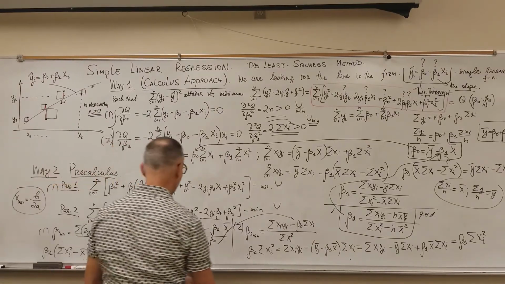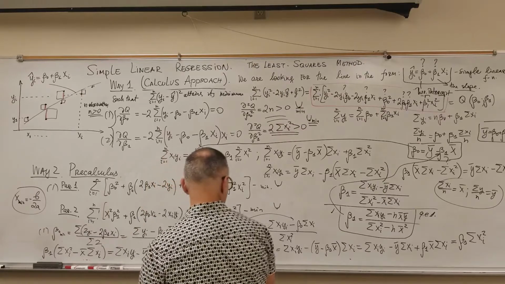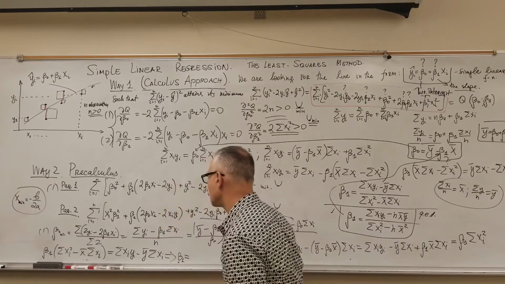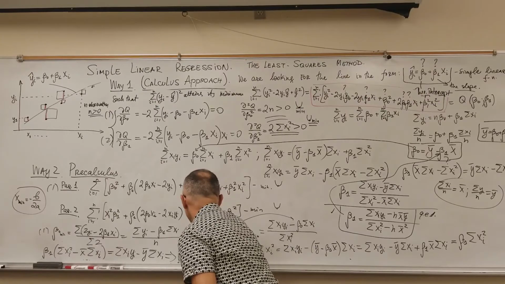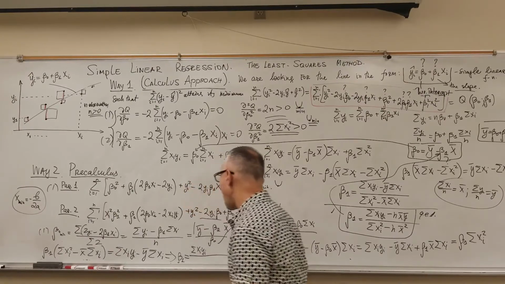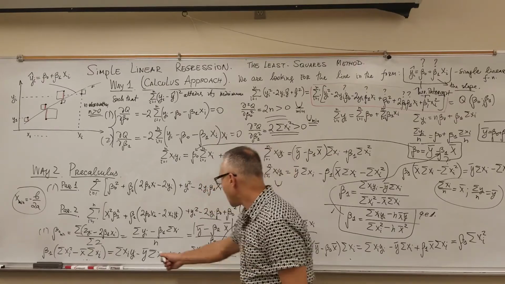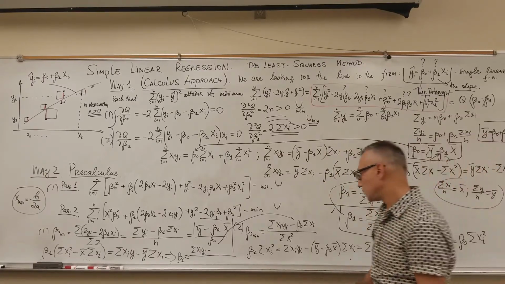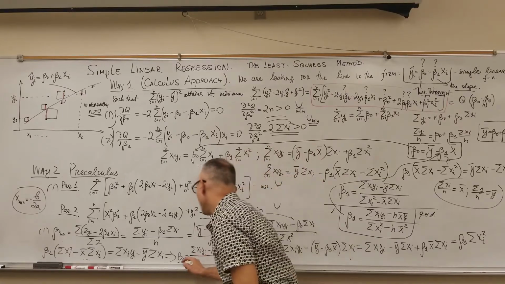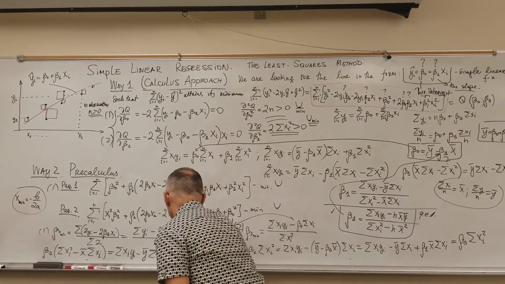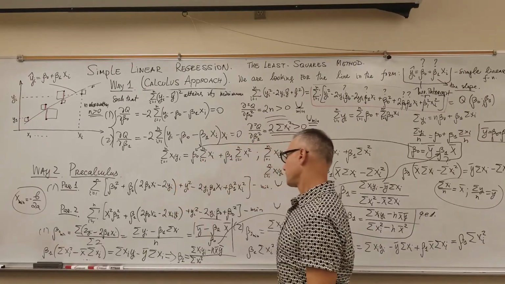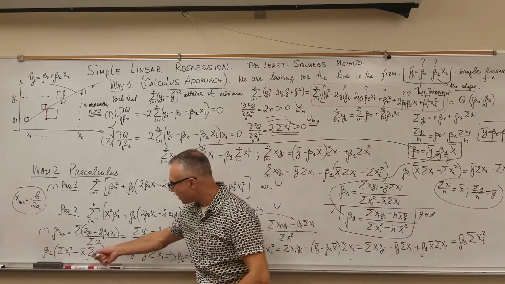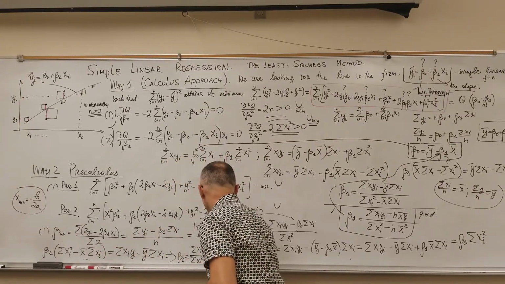Beta 1 from here is equal to the fraction: the summation of xi yi minus y bar, and the summation of xi's is n x bar, so n x bar y bar, over the summation of xi squared minus, and again, the summation of xi's is n x bar, times this x bar, so n x bar squared.